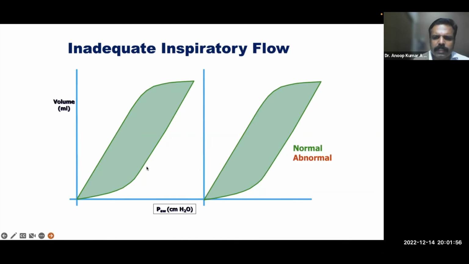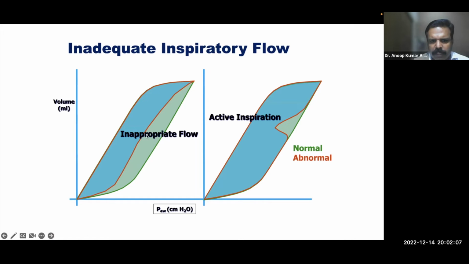You can see this is a normal one, and when there is an inappropriate inspiratory flow, I've already told that you can see a deflection in the inspiratory part. The upper part should be concave. If the concavity is getting lost towards convexity, that means the inspiratory flow is limited.